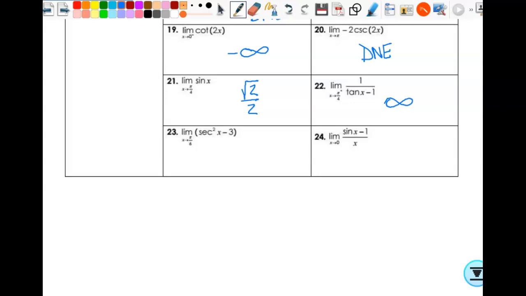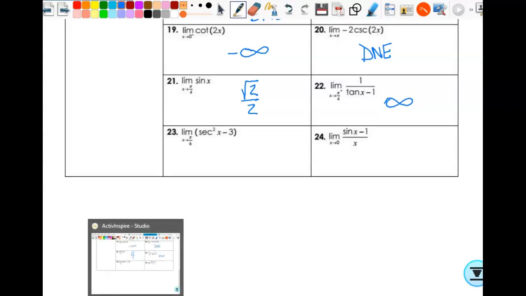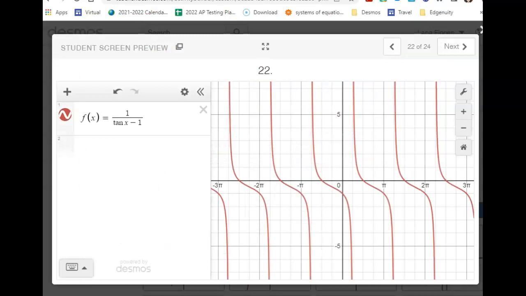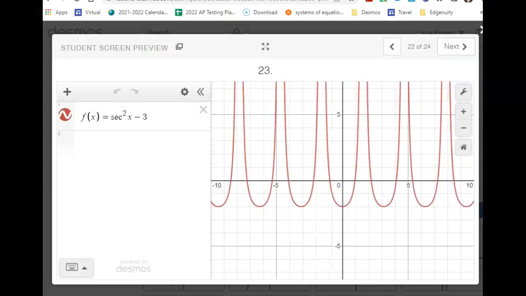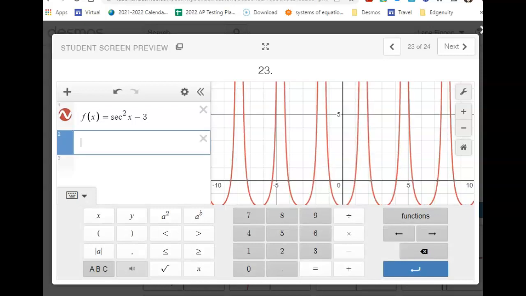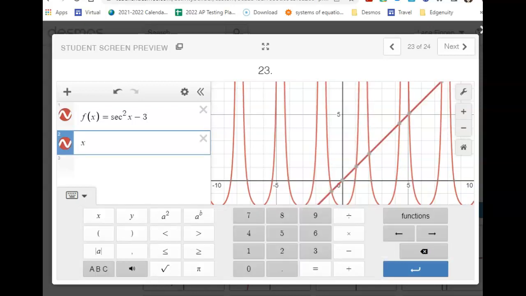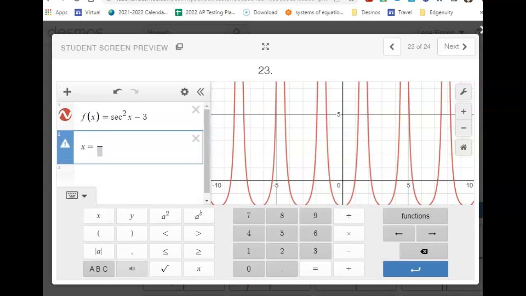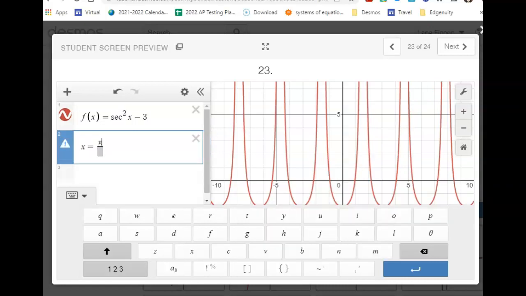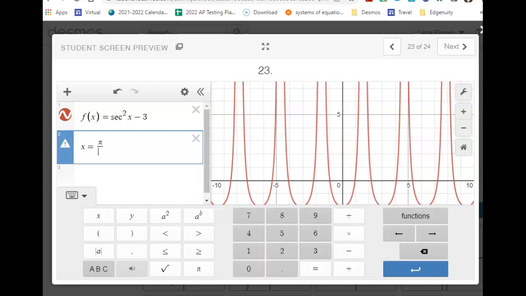All right. Then the limit as x approaches pi 6 here. I can usually see pi halves, pi fourths, so I think for pi 6 I probably want it as an equation. So I'm going to do x equals pi over 6.